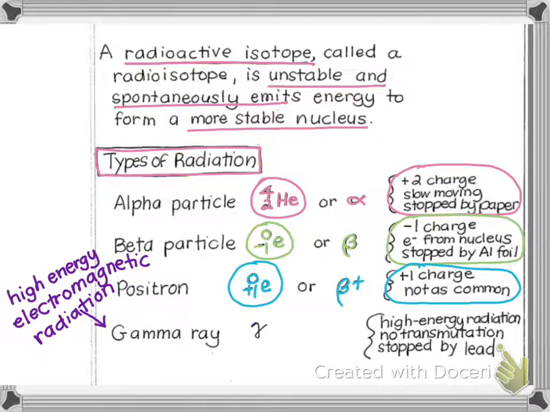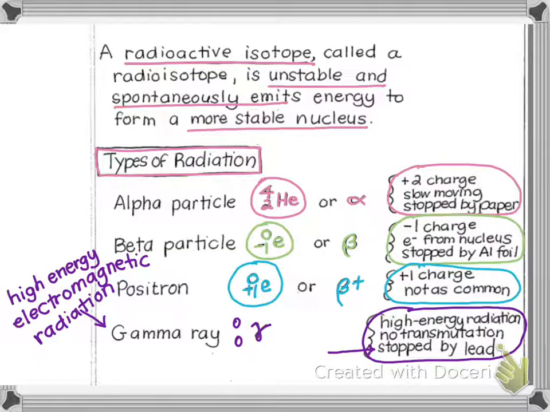Because the gamma ray is not a particle, it does not have a mass number or an atomic number. You really could think of both of these numbers as being 0. So they just use the symbol for the Greek letter gamma. You can see here, as I mentioned, it's high energy radiation. It has a much greater penetrating power, so it has to be stopped by a piece of lead.